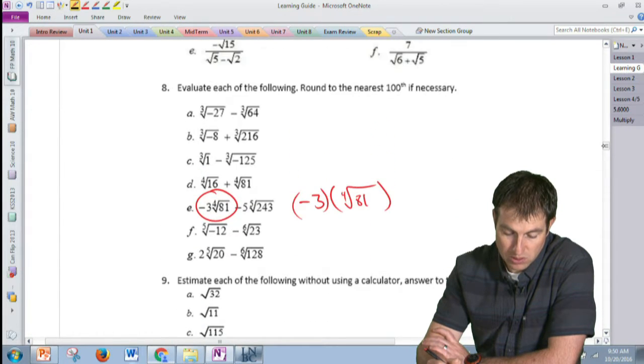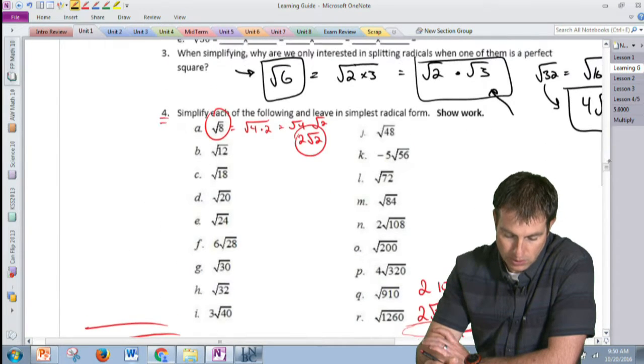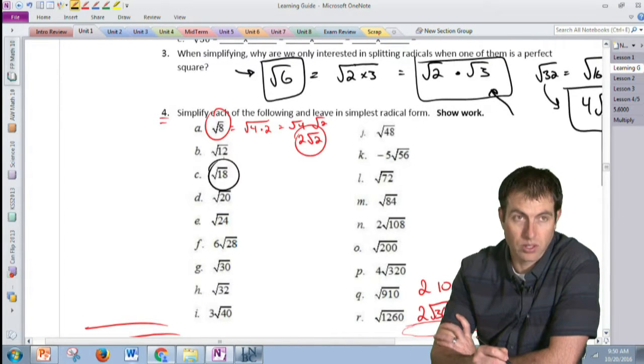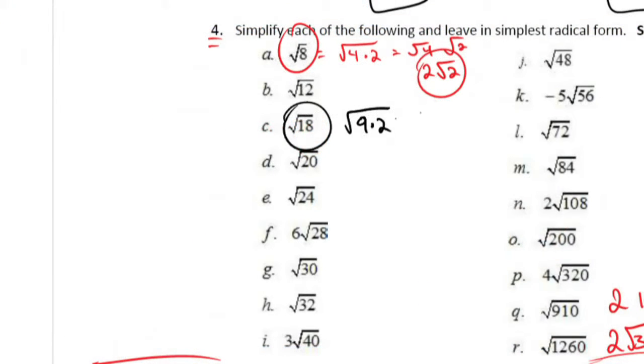Then we talked about simplifying radicals next. So instead of writing something like root 18, we'd write that as 9 times 2, which is 3 root 2. So this is the same as root 18. That was a really, really important idea, number 4. You should be able to do those.